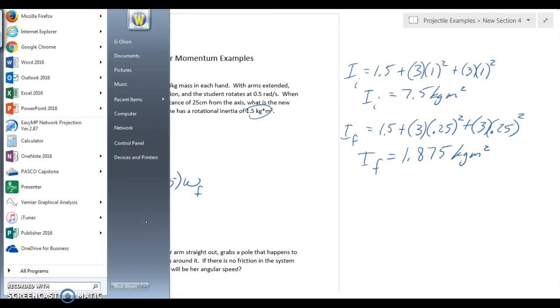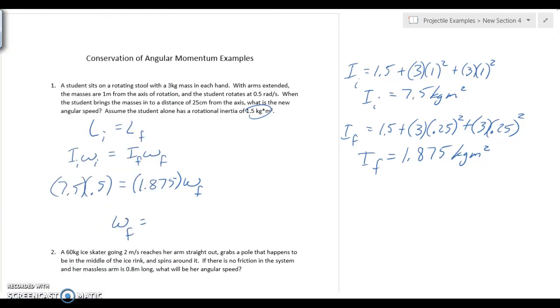So we solve that equation. We get an answer of 2 radians per second. And that is greater than the 0.5 the student started with, so that answer makes sense.